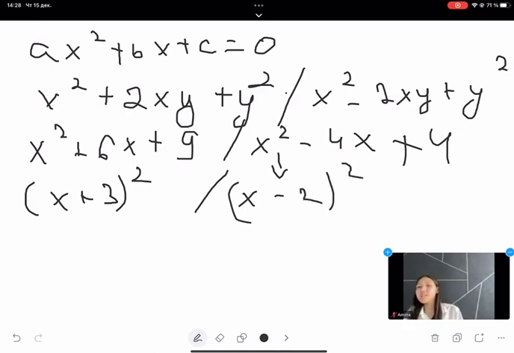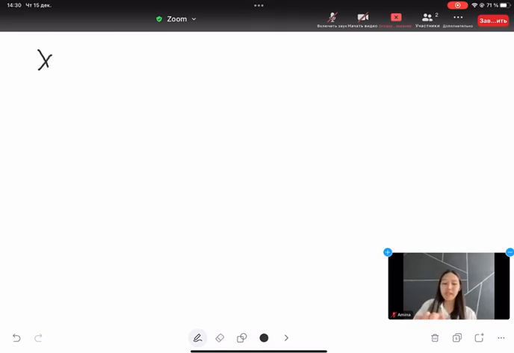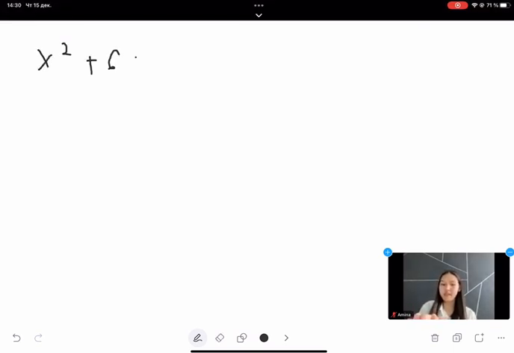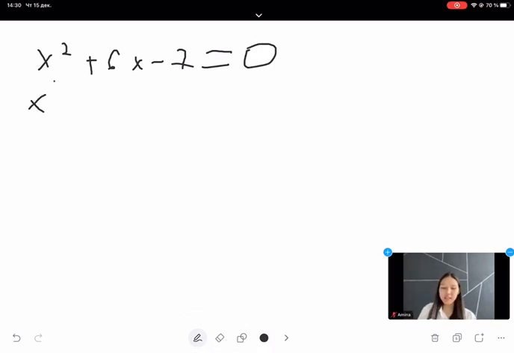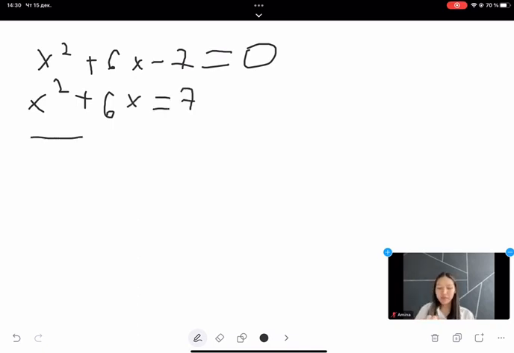This is the formula, and to write a quadratic equation as a perfect square, we follow a number of steps. Next, an example: x squared plus 6x minus 7 equals 0, so x squared plus 6x equals 7. We add 9 to get x squared plus 6x plus 9.